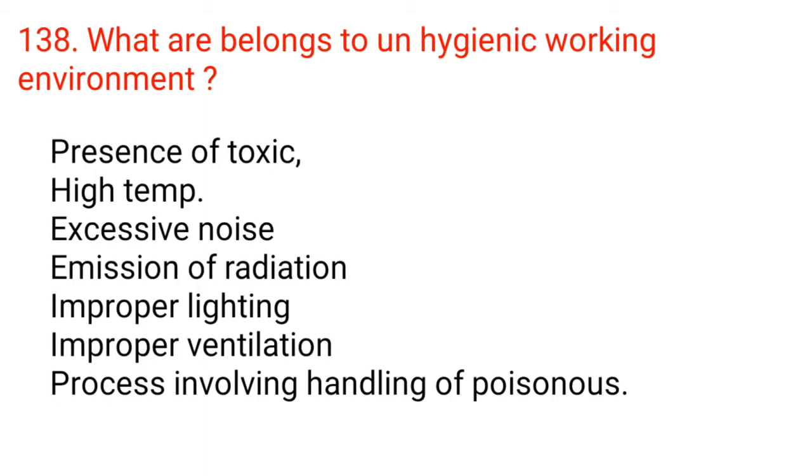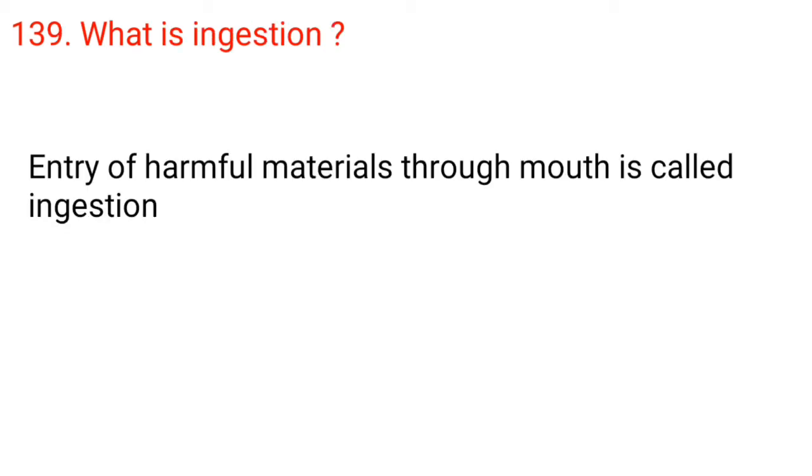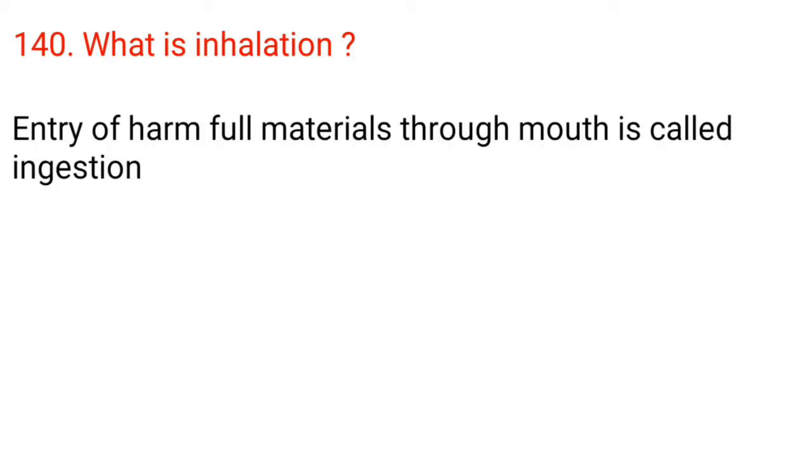Presence of toxic substances, high temperature, excessive noise, emission of radiation, improper lighting, improper ventilation, processes involving handling of poisonous materials. 139. What is ingestion? Entry of harmful materials through the mouth is called ingestion. 140. What is inhalation? Entry of harmful materials through the nose is called inhalation.